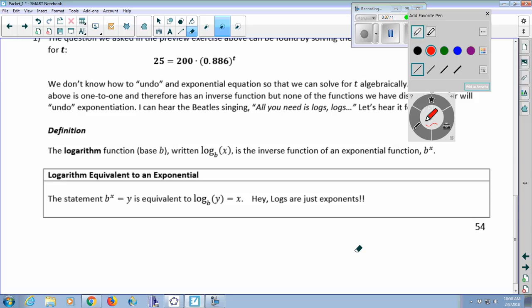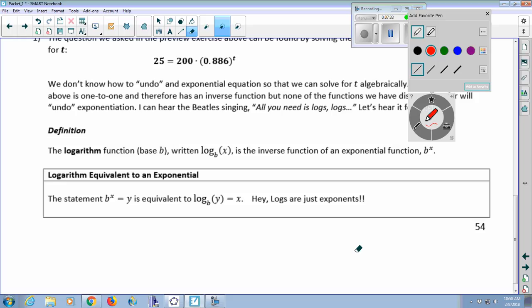So here's the equivalency between them. This statement, b to the x equals y, is equivalent. That means they're exactly the same equation as log of the same base. Notice the output for exponentiation becomes the input for the inverse.